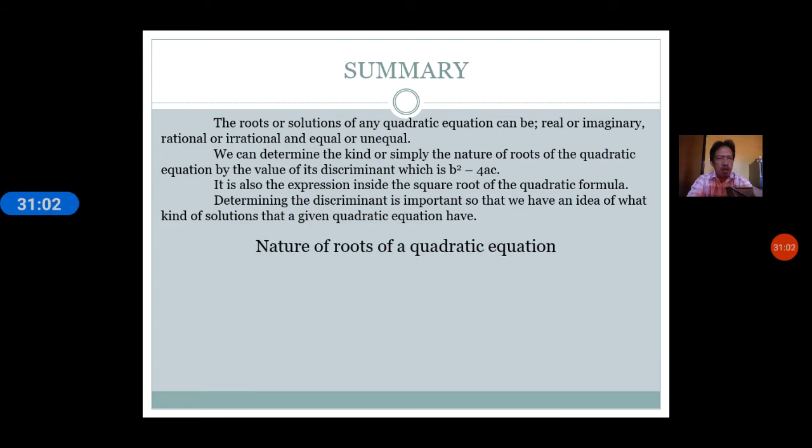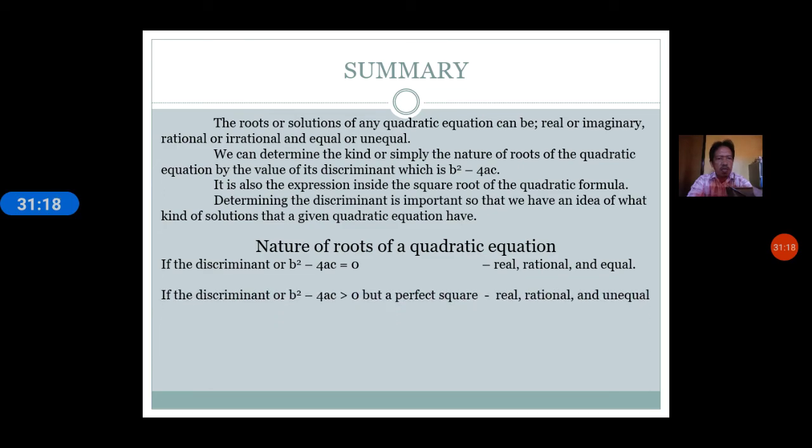So let us now have the nature of roots of a quadratic equation. Again, if the discriminant b squared minus 4ac is equal to 0, the nature of roots is real, rational, and equal. Now, if the discriminant is greater than 0 and a perfect square, we have real, rational, and unequal.